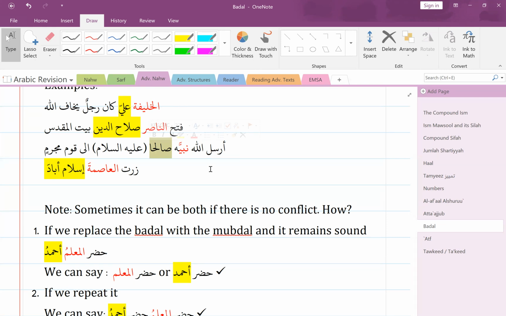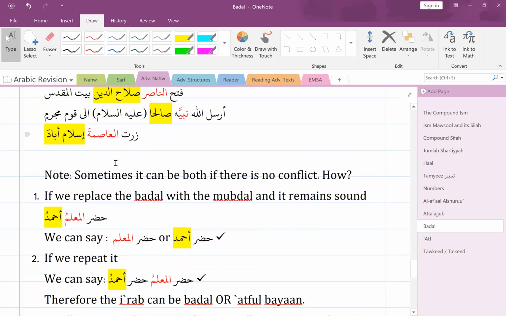The question in my mind would be like, okay, there's so many criminal nations. قوم مجرم is a criminal nation. I know Nuh, I know Hud, I know Lut. There's quite a number of them, right? Which one are you talking about? Then you said Salih, and I'm like, oh, you're talking about Thamud. Okay, you're talking about the people of Salih. Yeah, قوم ثمود. Okay, now I understand. So you see, it gives extra information.